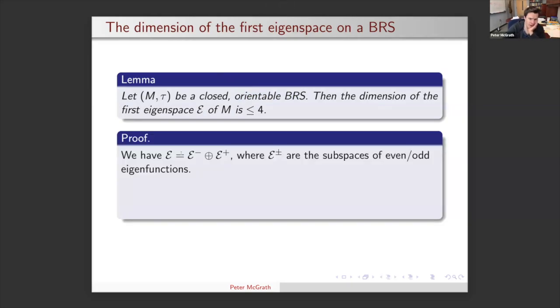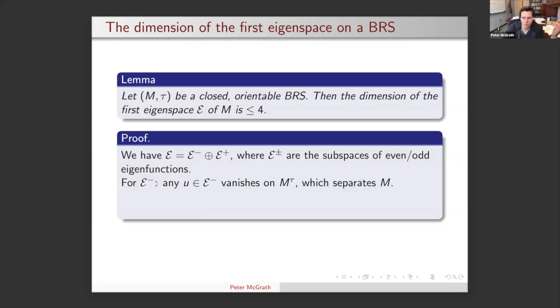First, you can split the eigenspace into the even and odd parts under the involution tau, and you consider them separately because you have this direct sum decomposition. The odd part is very easy. You have all these fixed point circles that cut the surface in half into genus 0 pieces.